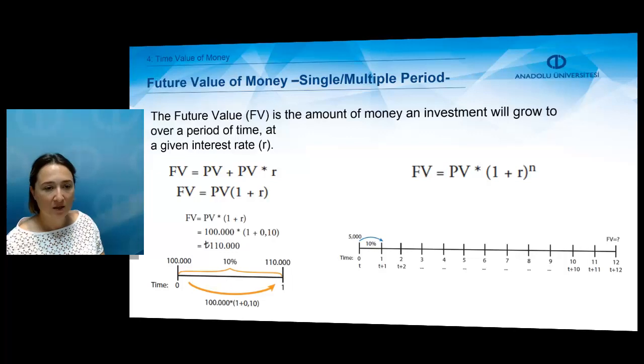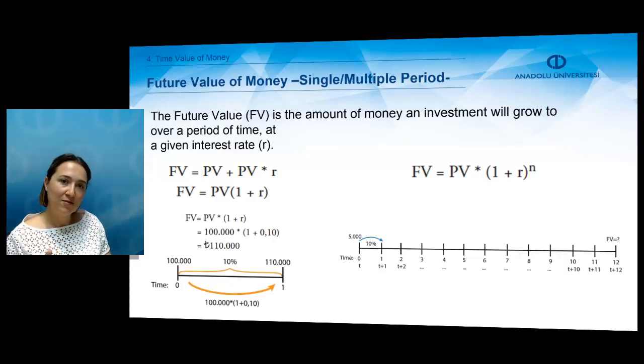So we will use present value multiplied by 1 plus R for future value. If we talk about just one period, then we multiply 1 plus R by present value and we will reach the future value calculation.